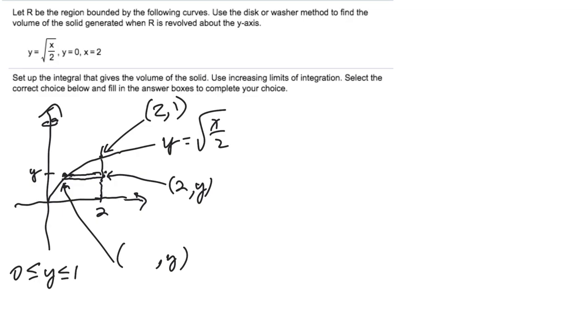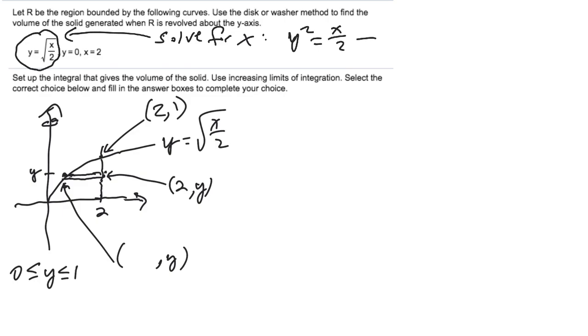So I would have been well advised to do that in the first place, but here's the way that parabola was given to me. And so I'm just going to solve for x. So you treat that as an equation, you're going to solve for x. If I square both sides of the equation, I get y squared equals x over 2.